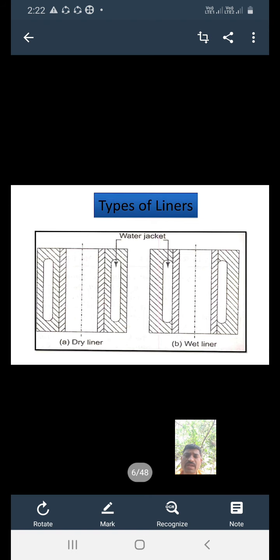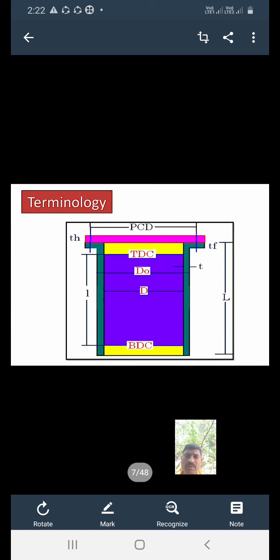Then design of the cylinder and cylinder head. You know the terminology of the cylinder and cylinder head, and also you know the procedure of the design of cylinder and cylinder head. We'll see the procedure of how to design the cylinder and cylinder head. We require the cylinder bore diameter and stroke length.